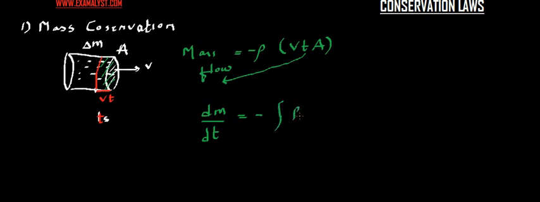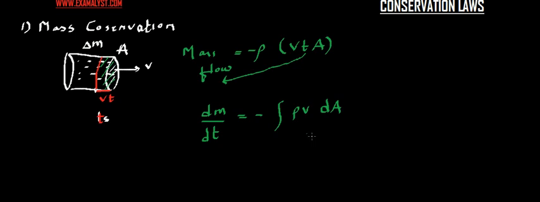So the A becomes integration dA. This is just a style of writing. I am not being precise here with the directions of flow and the vector representing the area. All those things you will learn in fluid mechanics, so I'm trying to be as simple as possible.